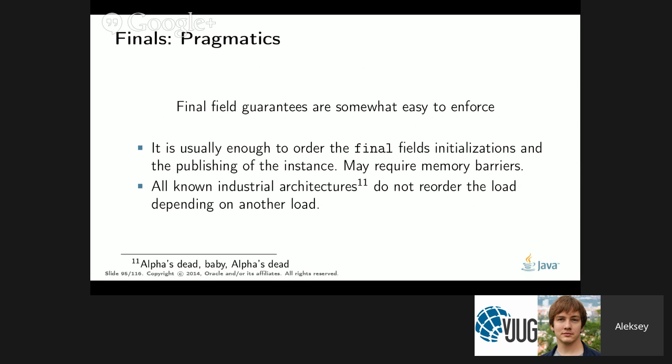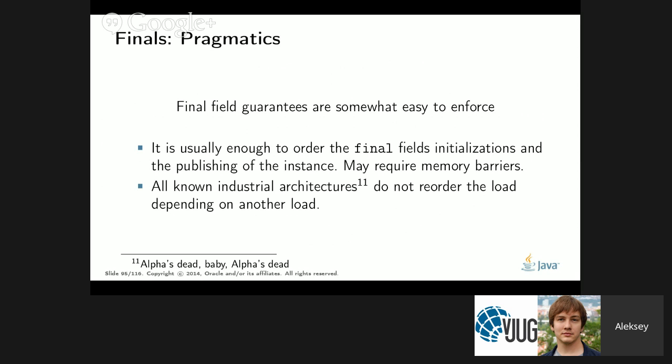So in this chapter, we will first look at the implementation, and we will say that the final field guarantees are actually easy to enforce. It's usually enough to order the final field initializations and the publishing of the instance. So it's usually enough for the implementation to enforce that all the initialization stores in constructors are visible before the store of the instance reference itself.